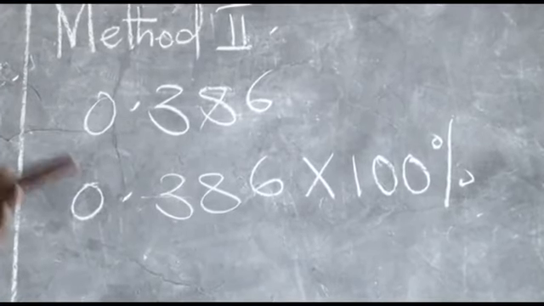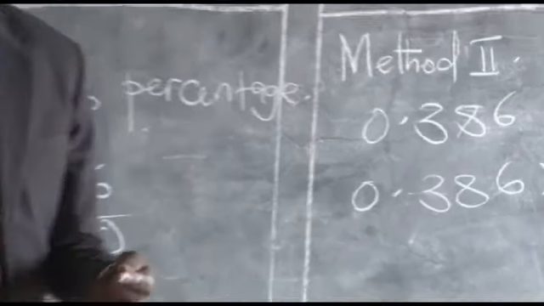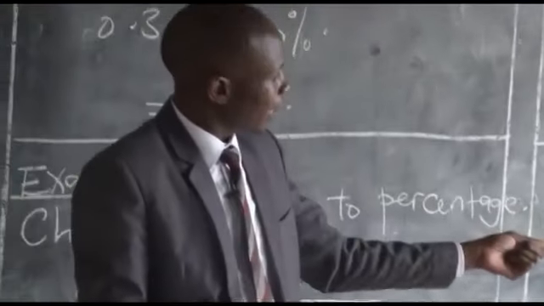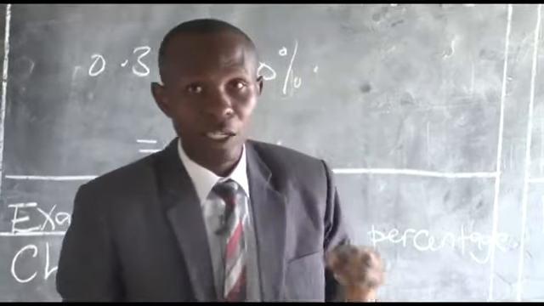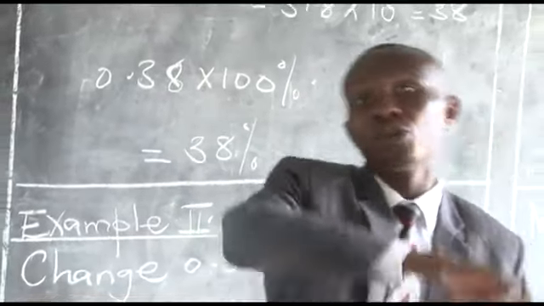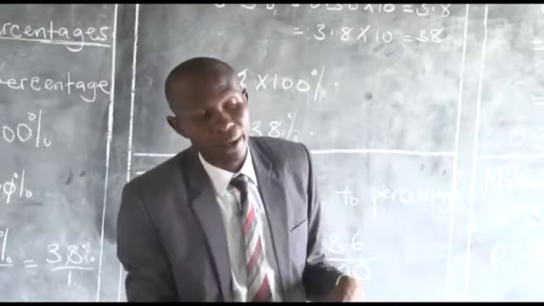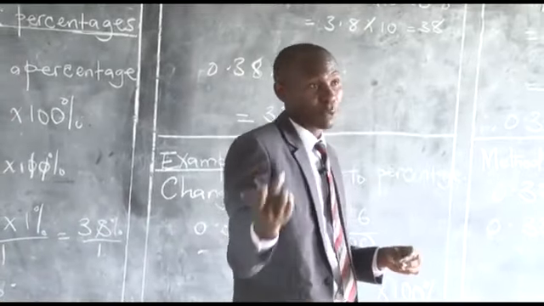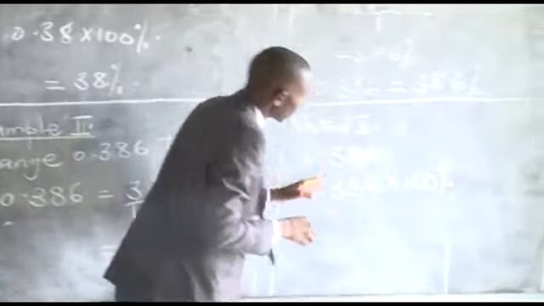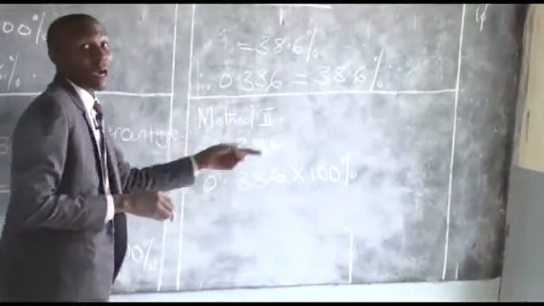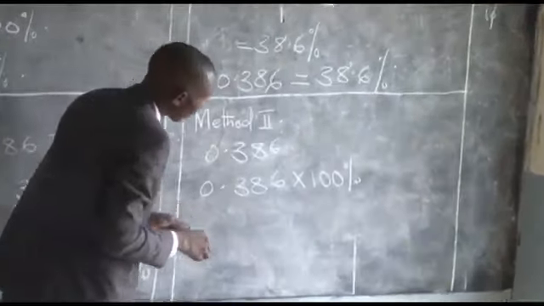But when we are changing decimals to percentages, what happens? We multiply by normal percentage, which is 100%. But when we are changing percentage to decimals, what happens? We divide by 100%. Don't confuse the two. So this time round, since we are going to percentages, we are multiplying by 100%.